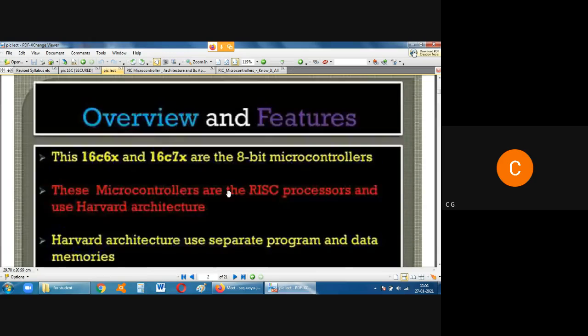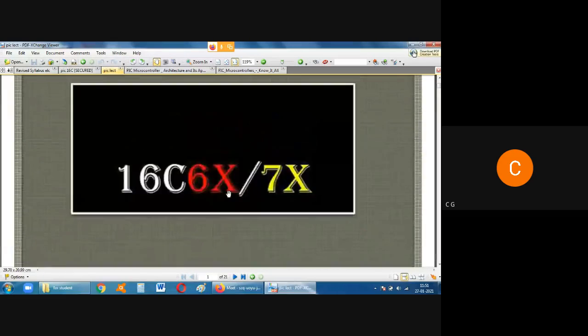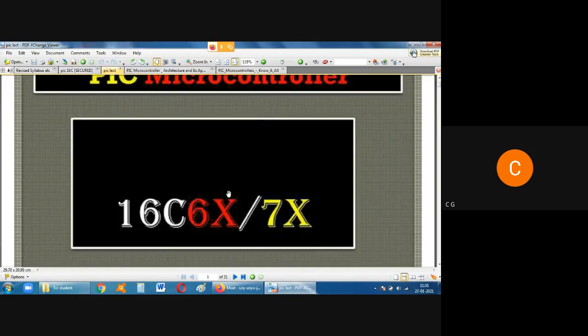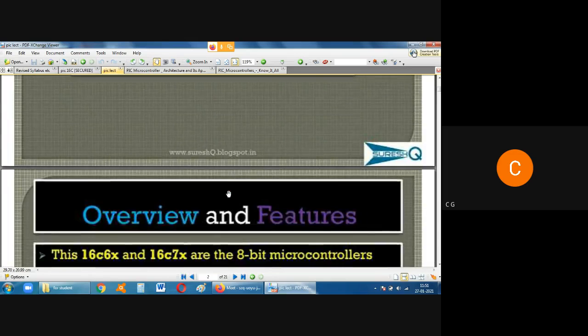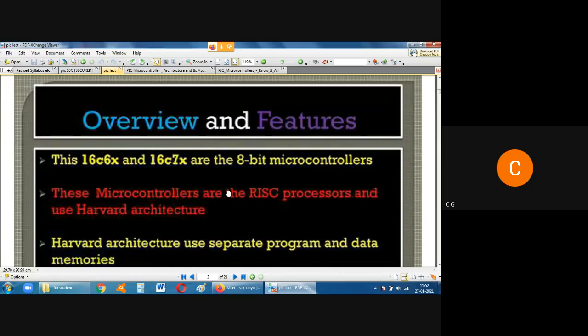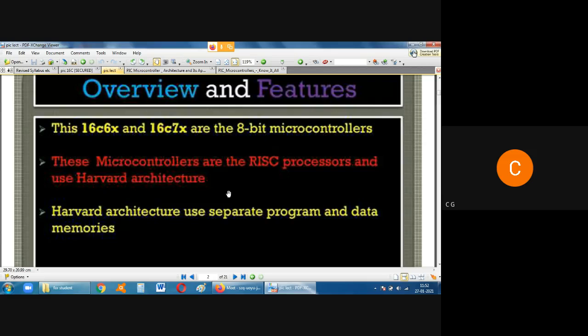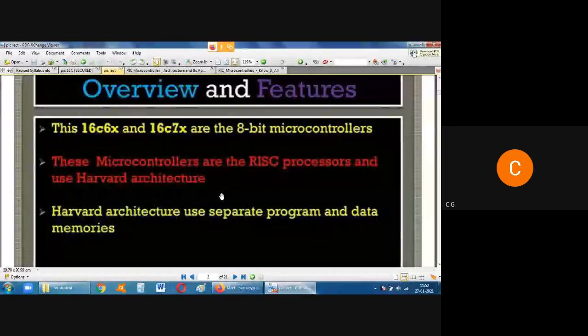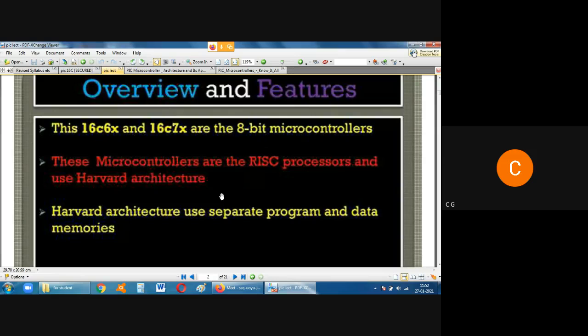Okay, I hope you can see the PIC microcontroller 16C6X7X. This is a video uploaded by somebody, Suresh. These are the engineering people. We have seen earlier the architecture of the PIC microcontroller, and what it has.